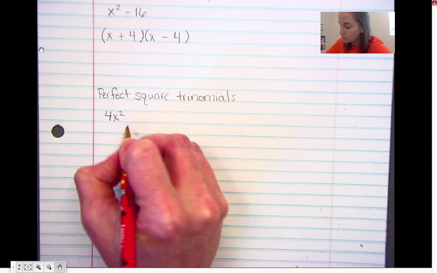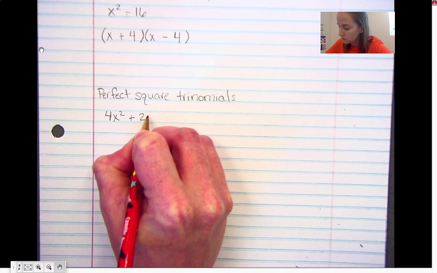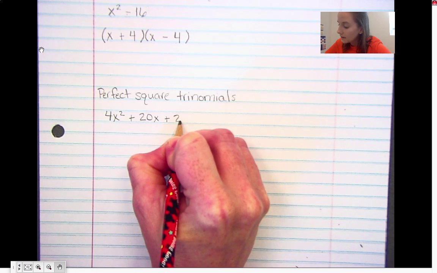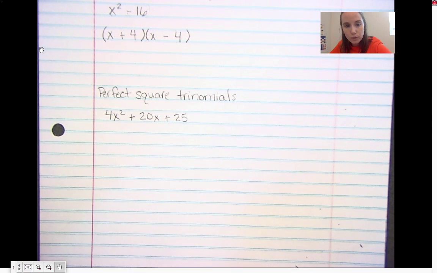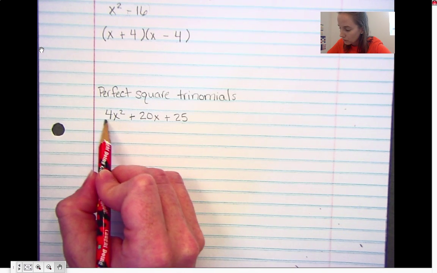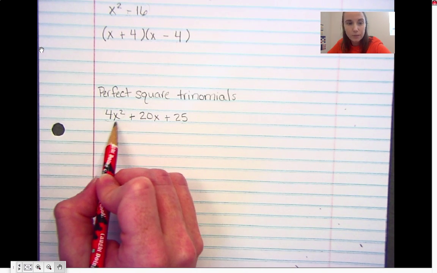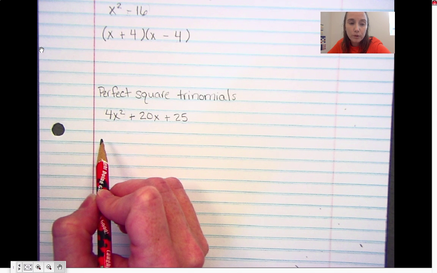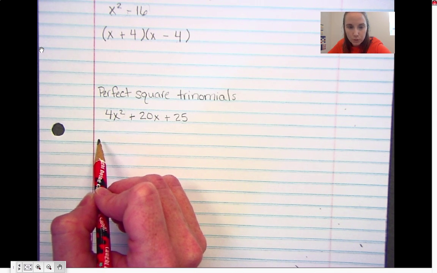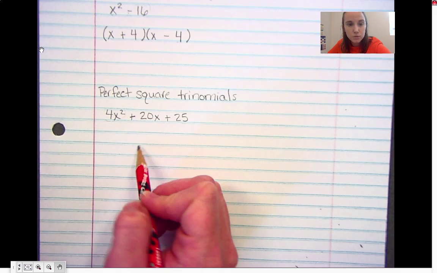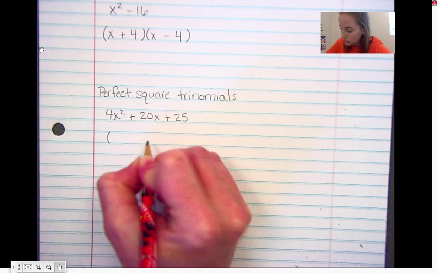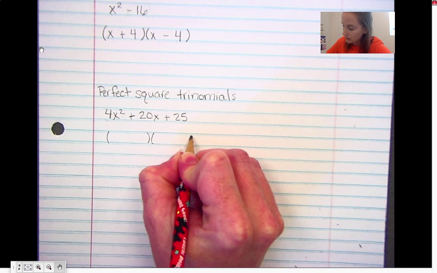It is a trinomial, so it will have three terms. And again, the first term and the last term will both be perfect squares. And again, you'll need to square root the first one and the last one to determine what's going to be in your binomials as the first term and the last term.